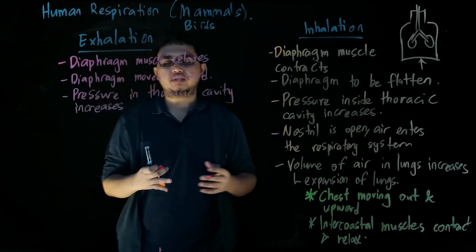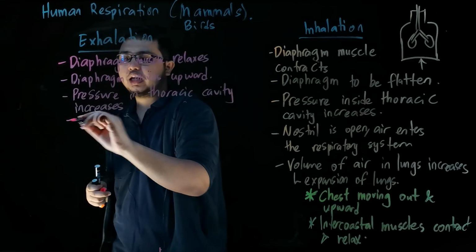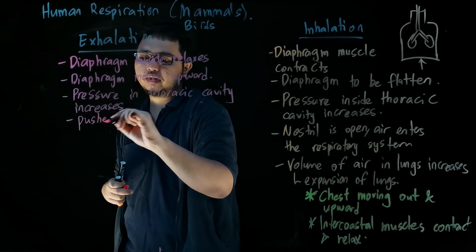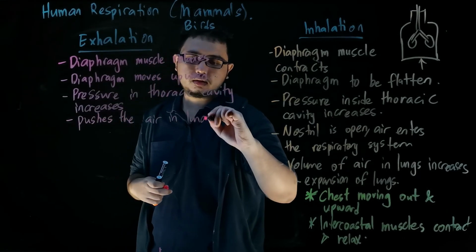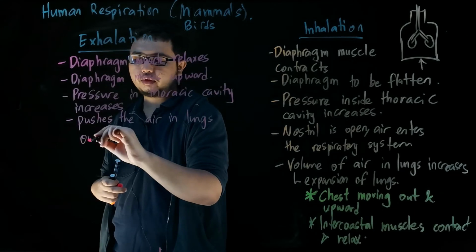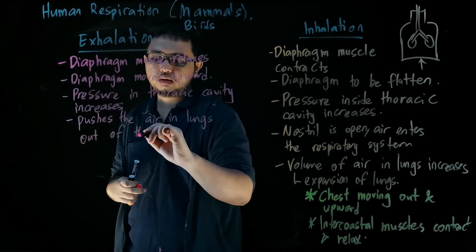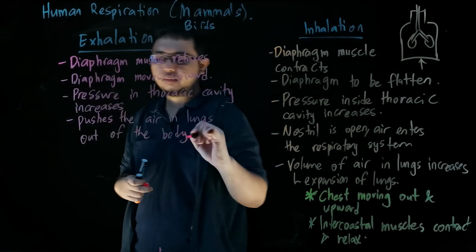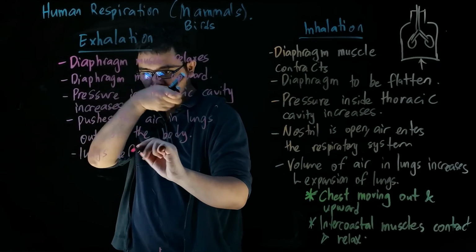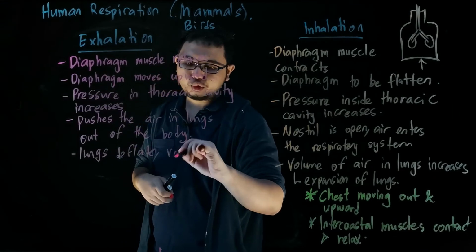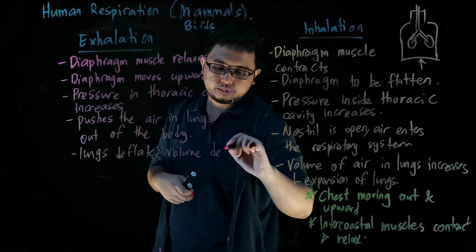And as this pressure in the thoracic cavity increases, it pushes the air in the lungs out of the body. So what happens is that your lungs deflate as the volume decreases.